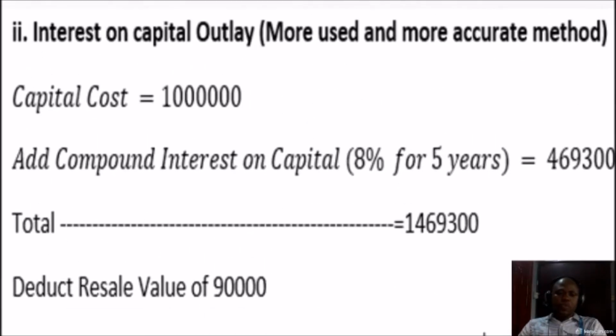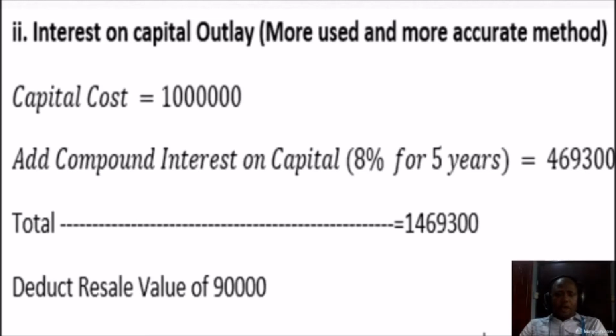So we look at the second method, which we said is the more accurate and most commonly used method. This method is the interest on capital outlay, and we still have the same sum for the equipment, which is 1 million naira.